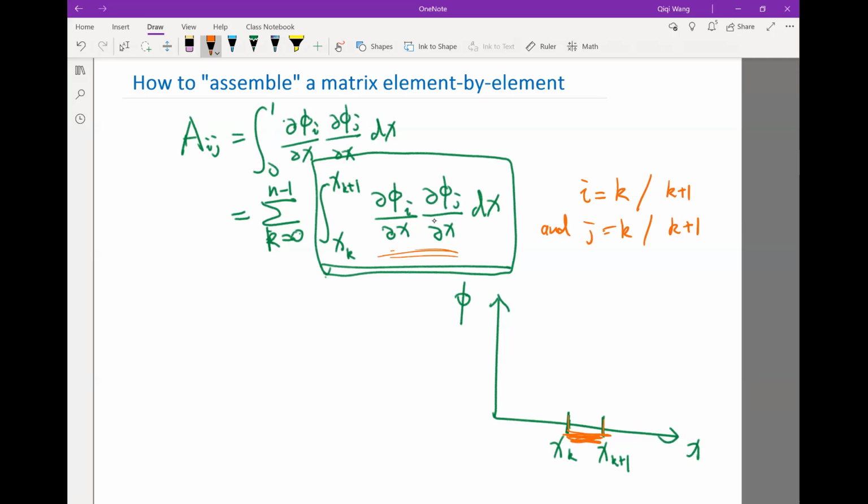Because phi of k is this hat function, phi of k plus 1 is this hat function, right? All the other basis functions are something like this. I mean, they are completely zero within the domain we are considering. So essentially, if you look at the whole matrix, how many elements are non-zero?